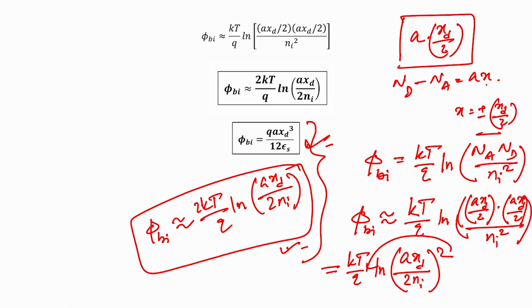You have to solve for the built-in potential and depletion width together. Once you solve for the depletion width, you plug in that depletion width number here in order to find the maximum electric field. So this is how the linearly graded PN junction electrostatics can be taken care of.